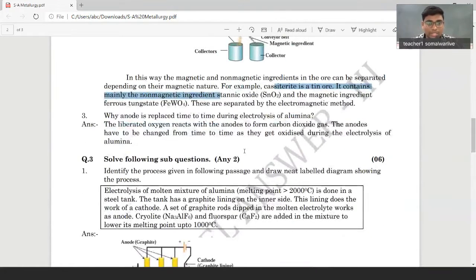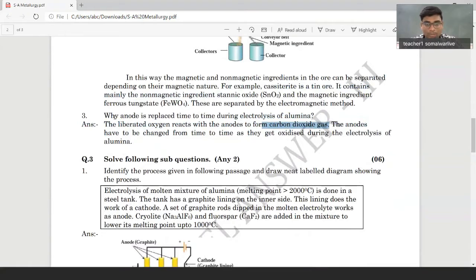Now, question number 3. Why is the anode replaced from time to time during electrolysis? During electrolysis, oxidation of the anode takes place. Due to the oxidation of the carbon rod, carbon gas is liberated from time to time.